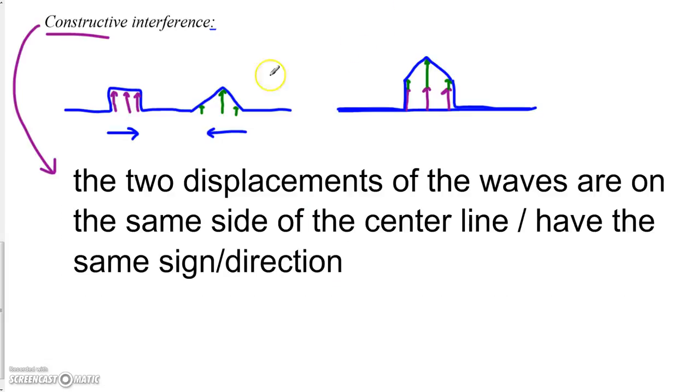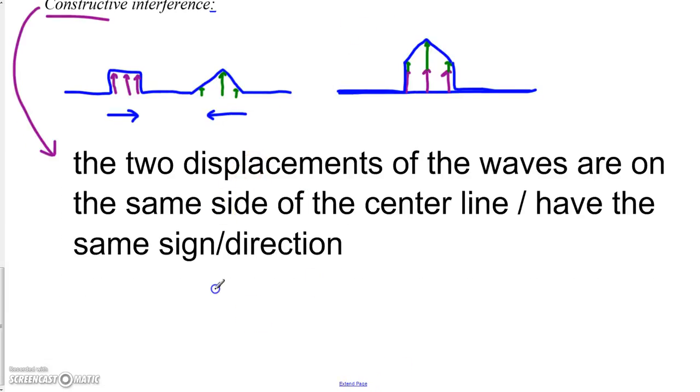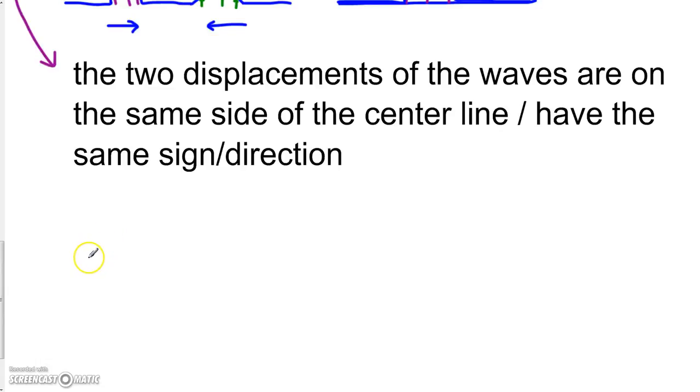So here's a question for you. If I take two waves like this, which are both below the center line, does this count as constructive interference?